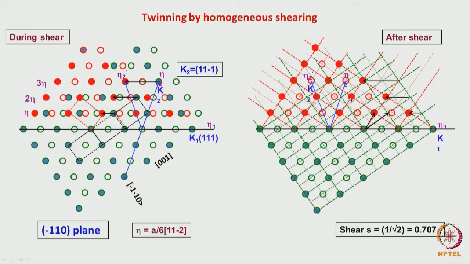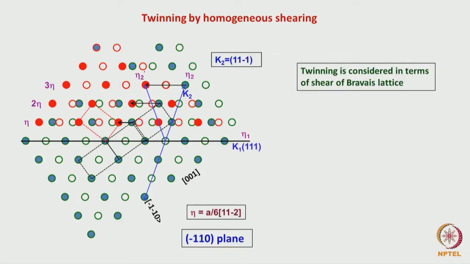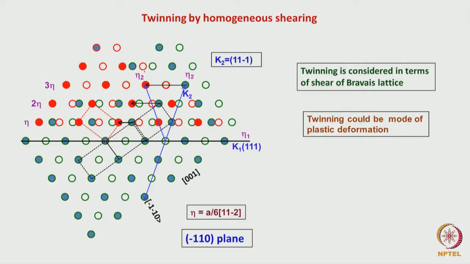This we will come back to. I just wanted to show that many types of symmetry operation can occur together by which they are related, but all need not exist. Maybe it is related by only one symmetry operation and it is still a twin. That is what is seen in most of the non-cubic systems. We will take up some examples later and look at it.